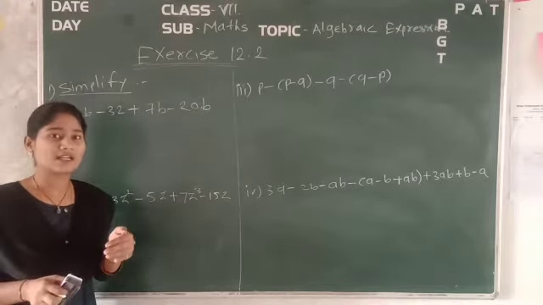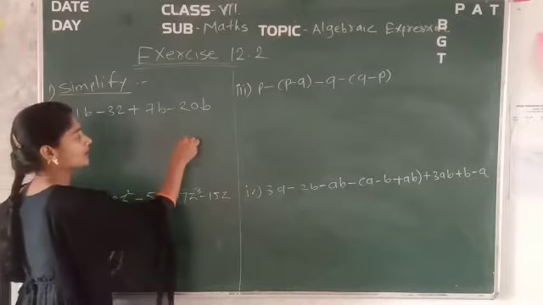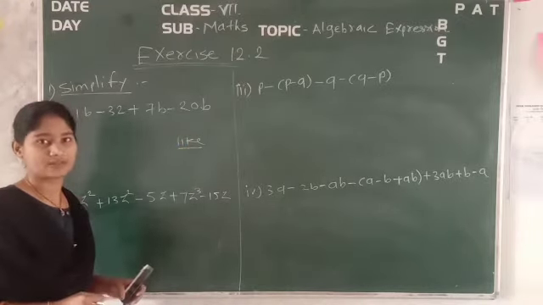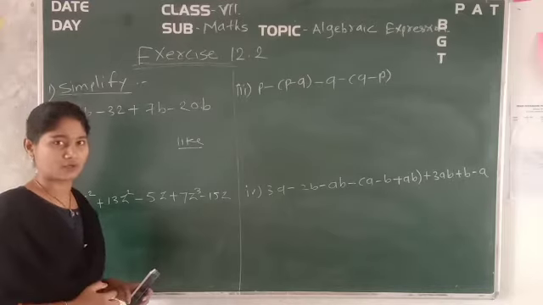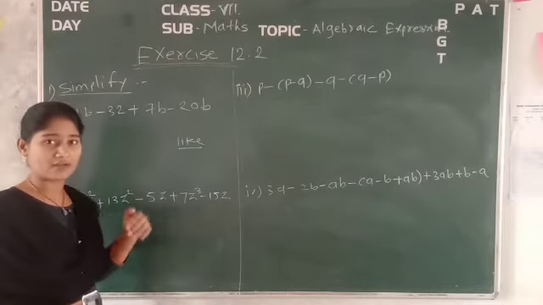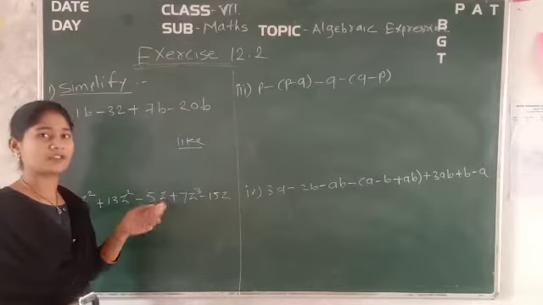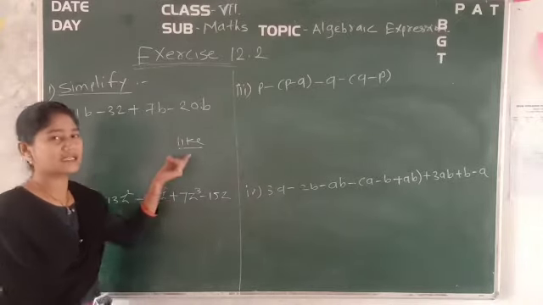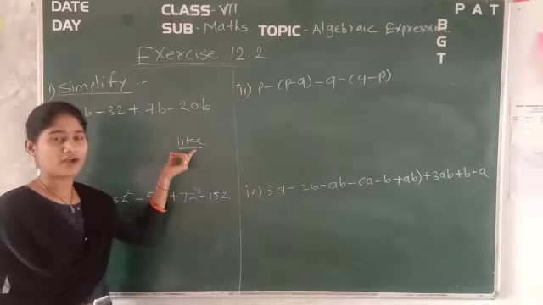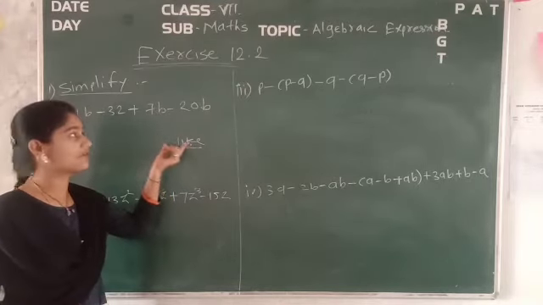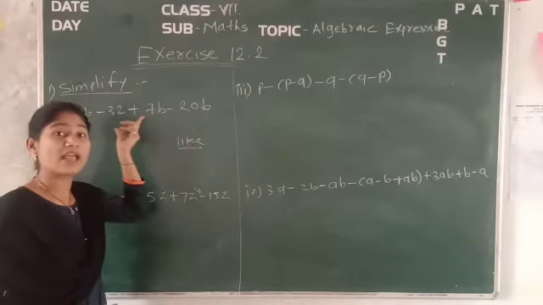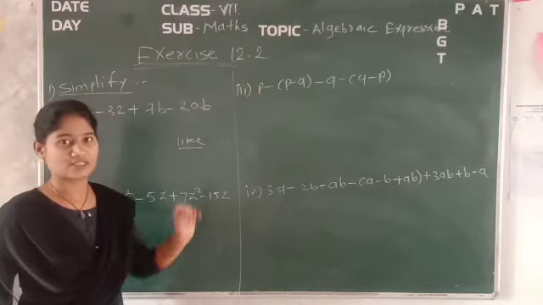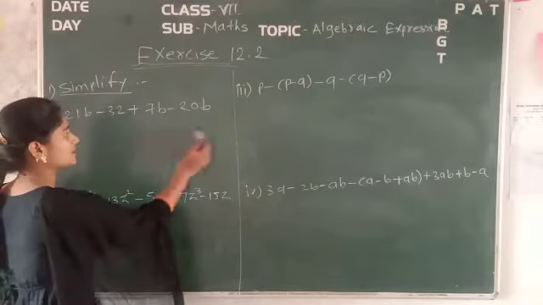Like terms means terms having the same variable and the same power, which we also call the exponent. If you have the same degree of the variables, and the variables are the same, then we call those like terms. Now you have to apply this concept within your expressions. We can say these are algebraic expressions. Clear? Now see, just apply this.